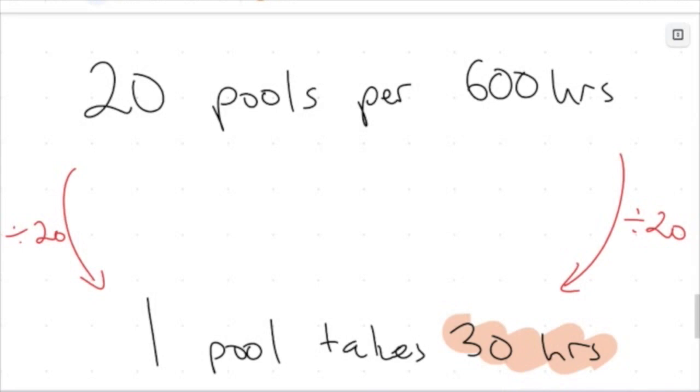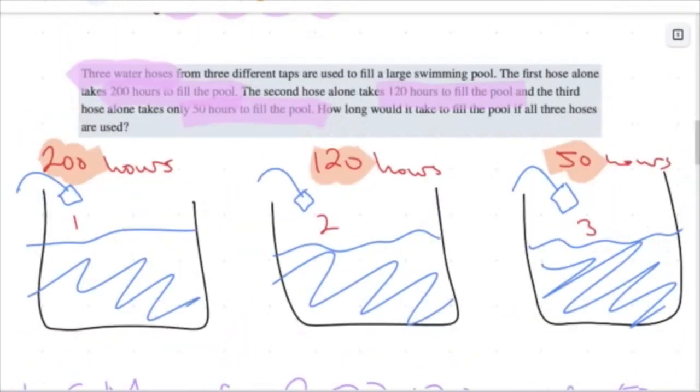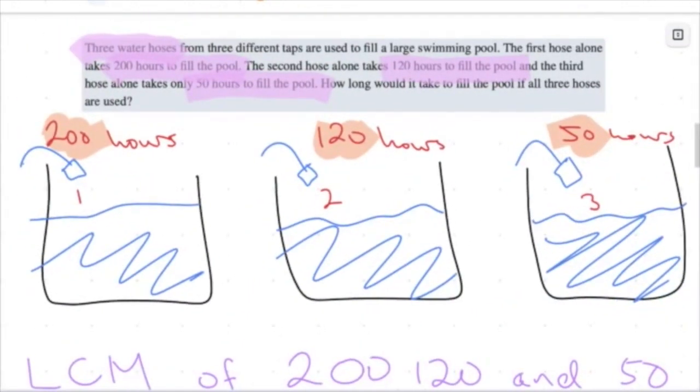Now let's just quickly recap what we did for this question. We, when seeing this, underlined all the important bits of information, and we wrote down, cool, each of these hoses takes this amount of time. And we wanted a universal amount of time to try to see how many pools each of these hoses will fill compared to one another.